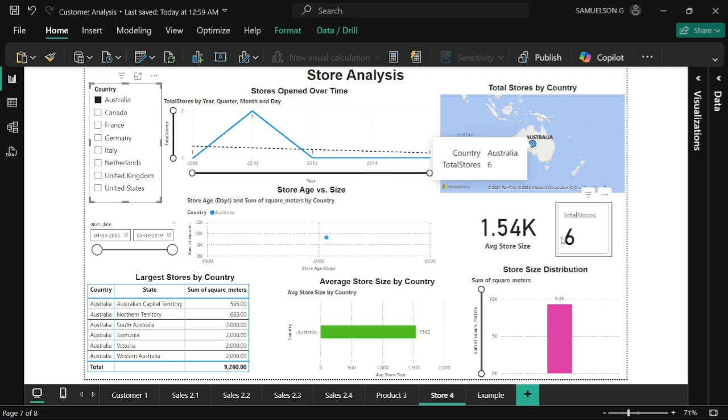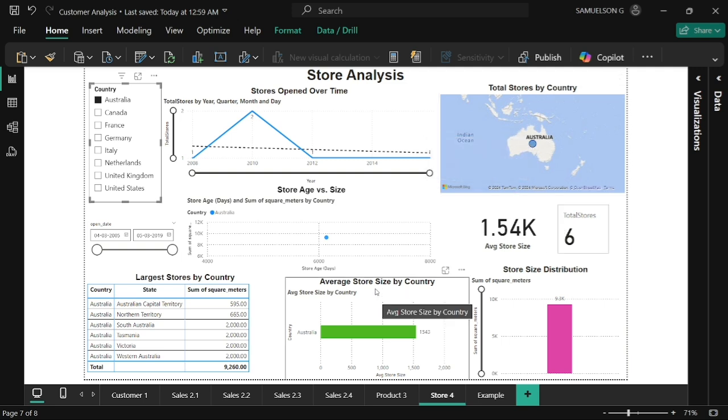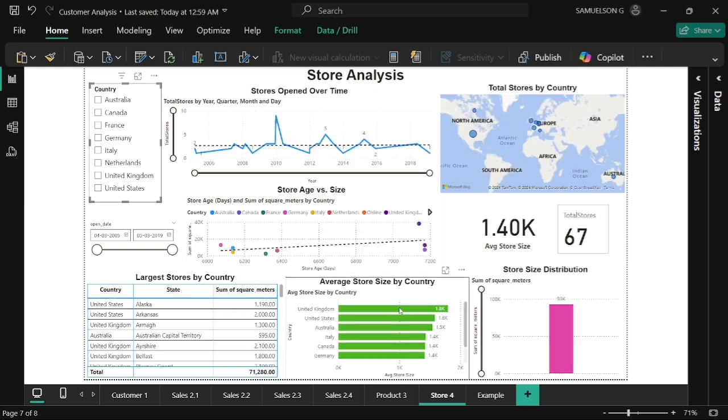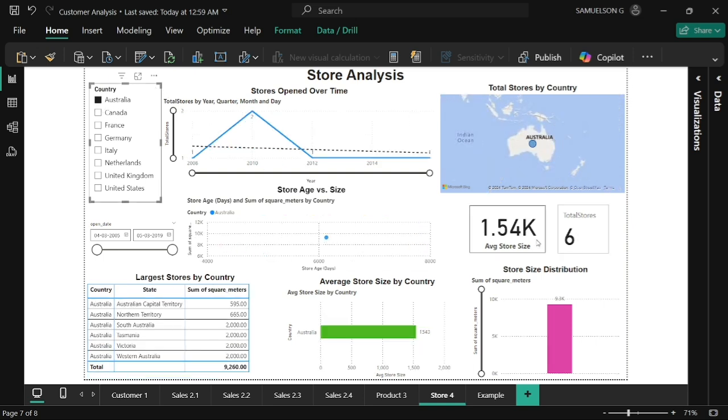The average size here is 1400 square meters. Okay, it's above average only. For Australia there are 6 stores, with an average of only 1.54k square meters. It's spacious for selling products.